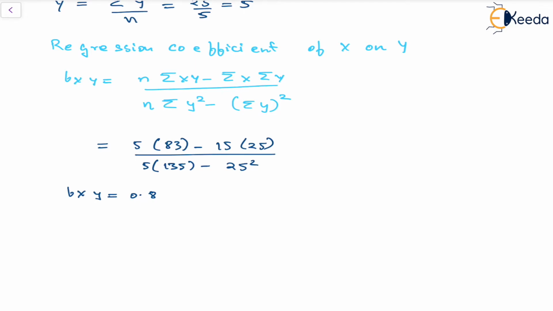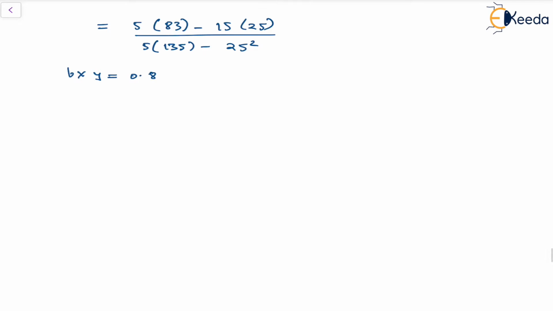So this is the regression coefficient of x on y, and with this the regression equation of x on y will be given as x minus x mean equal to bxy times y minus y mean.